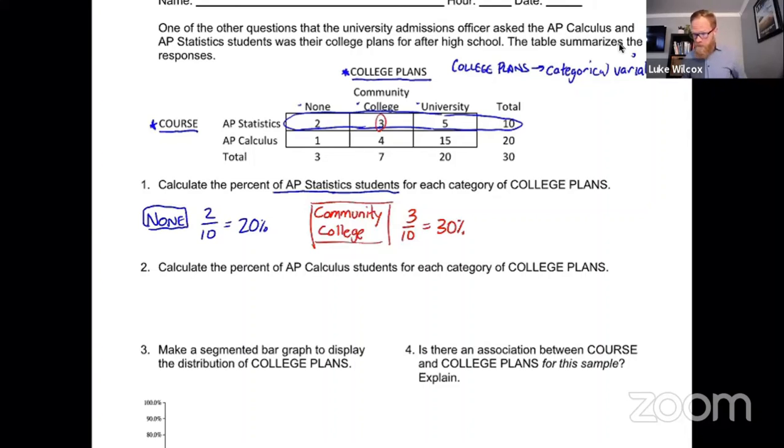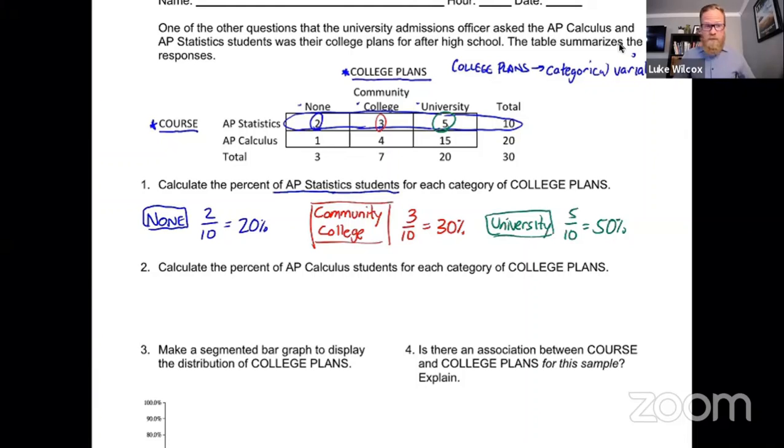And then the final category here is that of the university. And once again, only looking at the first row, I have 5 out of my 10, which is going to be 50% of AP Statistics students that plan to go to university. So as a quick check here, we can make sure they add up to 100%. And sure enough, 20 plus 30 plus 50 is going to get us there. So we're all good on that.